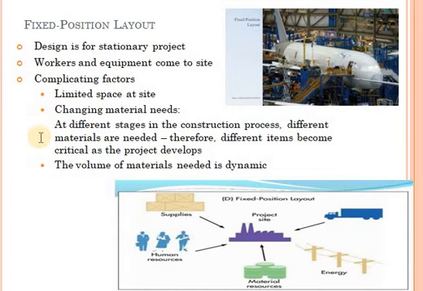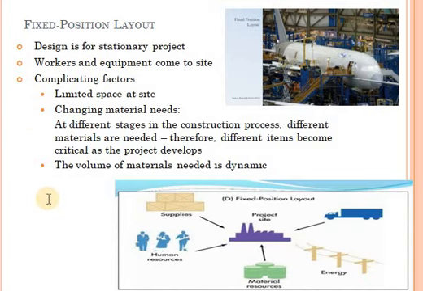What do you mean by that? If it's the case of building construction, you notice that at the early stages of the construction, the material needed is basically the concrete and the steel. These materials will change as we go into later stages of the construction.